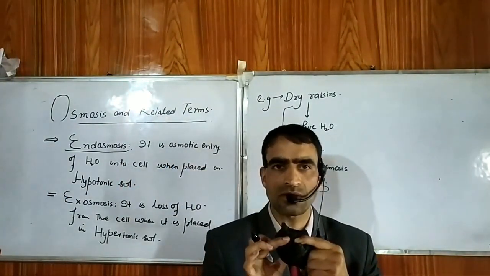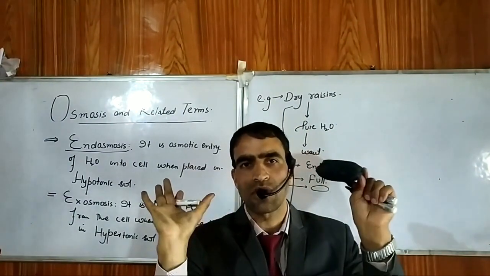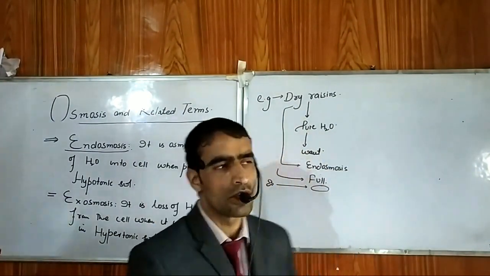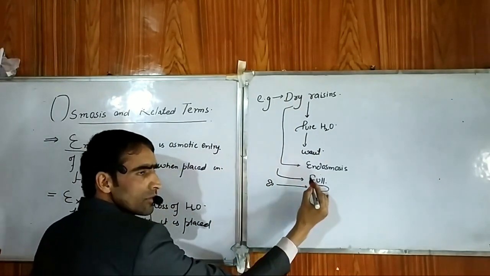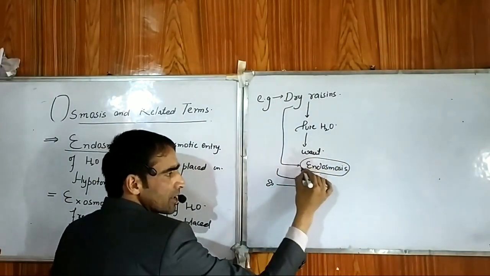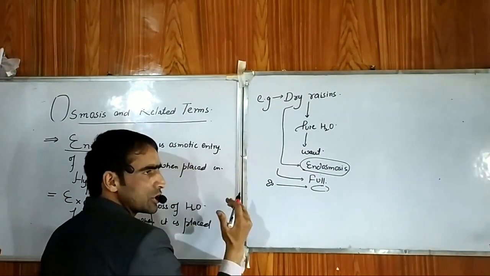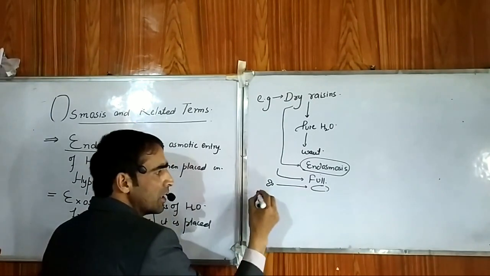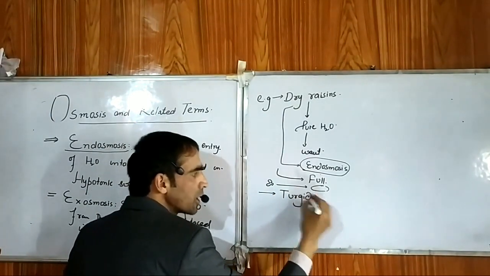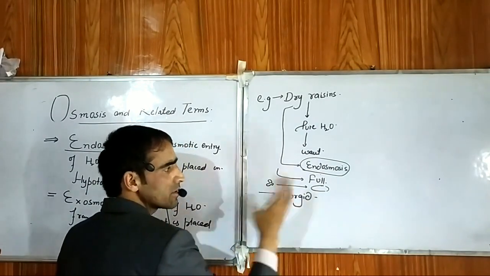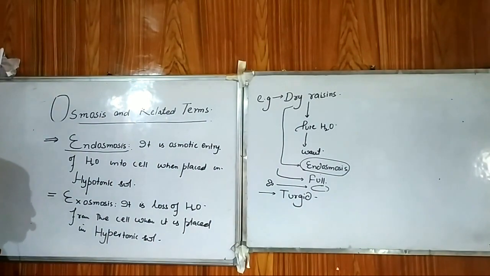First, they were shrunken. After some time, when they gain water, again they become full. They become turgid here. So hence, dry raisins को अगर हम water में place करेंगे, they have gained the water by the concept of this endosmosis here. जब ये full हुए हैं, stretch हुए हैं, तो तब जाके इनमें turgidity आई है. That means cells have become now turgid as per the language of the physiology, and hence they become full here. ये एक practical है. ये endosmosis पे practical है बेटा.